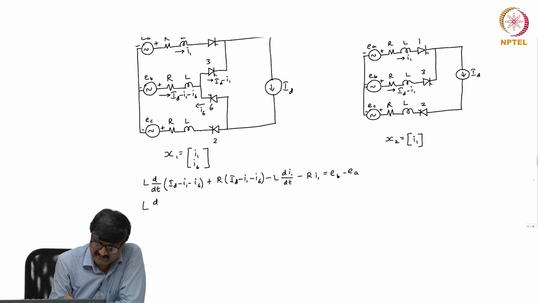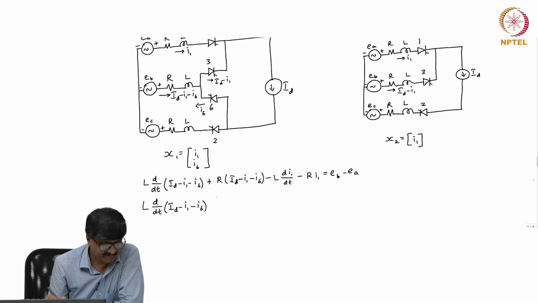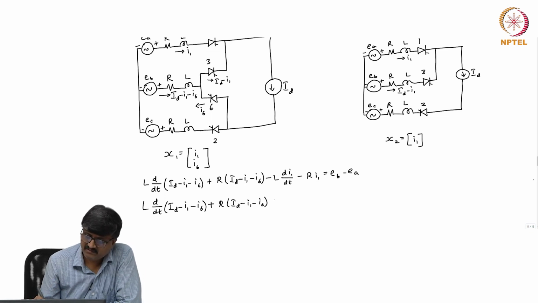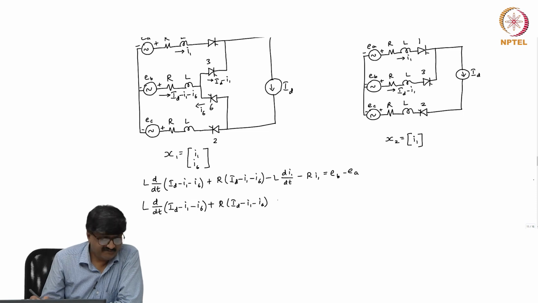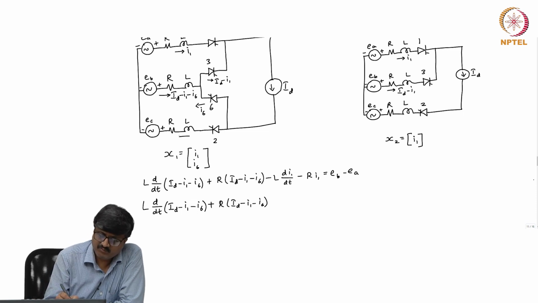So, I get L d by dt of I d minus I 1 minus I 6 plus R I d minus I 1 minus I 6. So, if I look at the current through valve 2, so this is I d minus I 6.